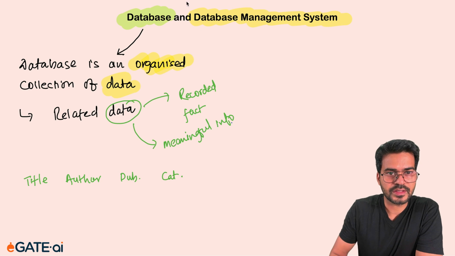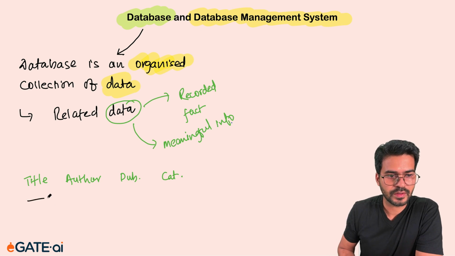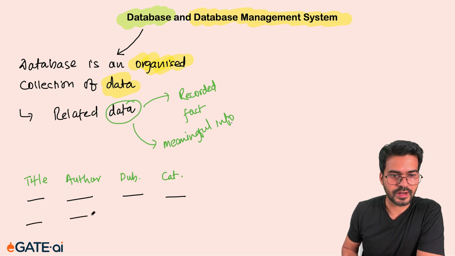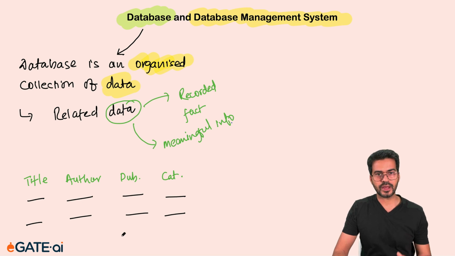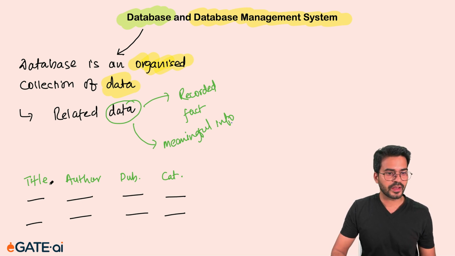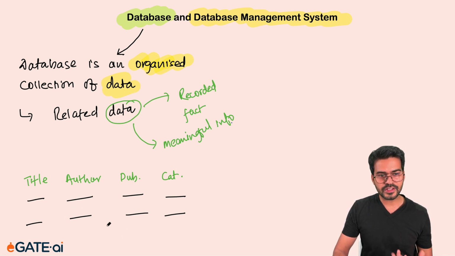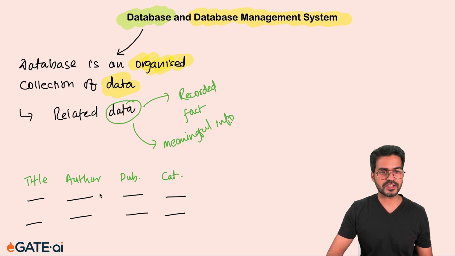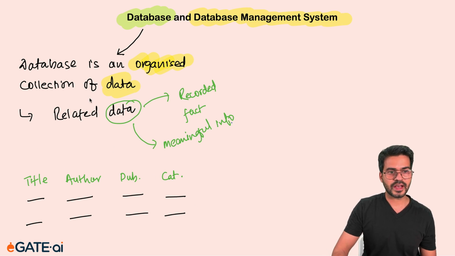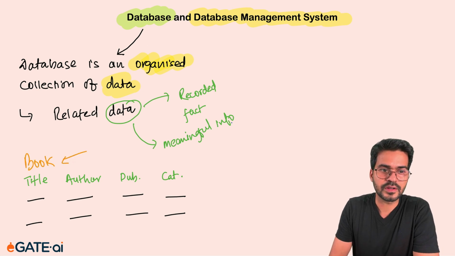And this is how book information is stored in an organized manner. Now you can notice that this is a tabular structure your librarian has created. And this organized storage of this meaningful information is basically a database. So your librarian has done nothing but create a book database. So this is basically your database.